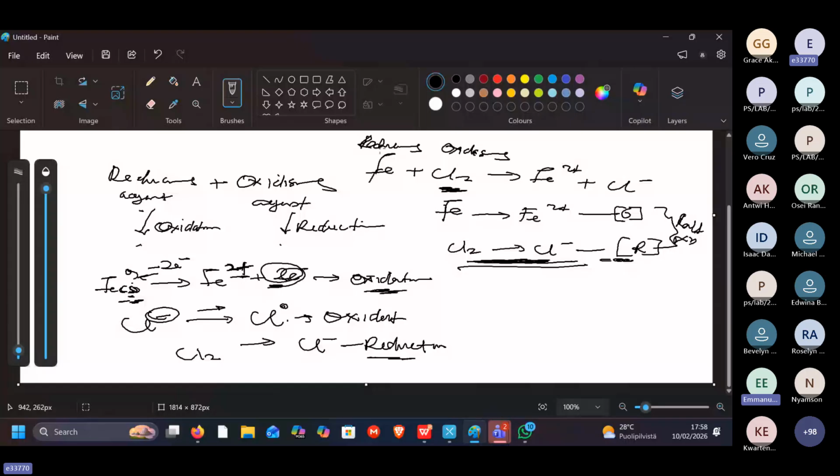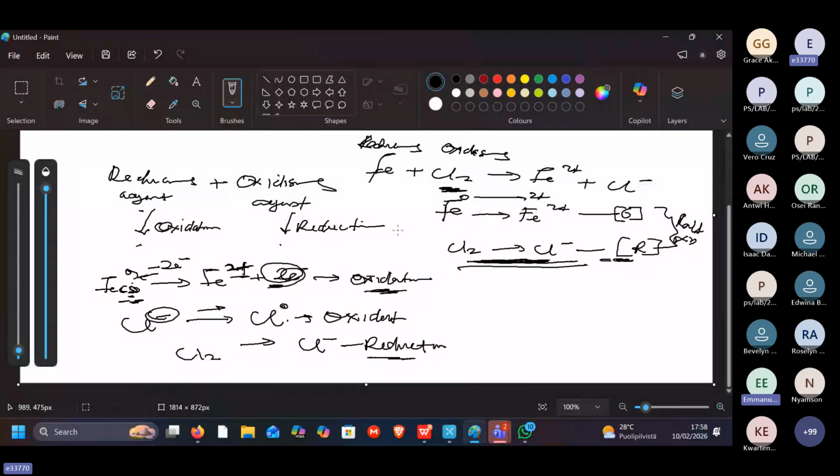So basically how we can do that is to calculate the oxidation state for each element and then know whether from one point to the other it has gained electrons or lost electrons. There it has already been calculated that iron is 0 here, it moves and becomes +2.